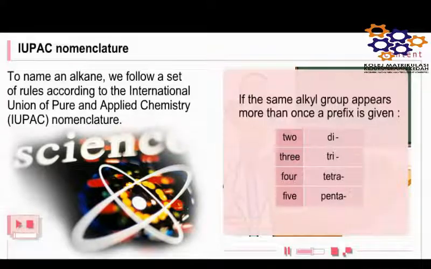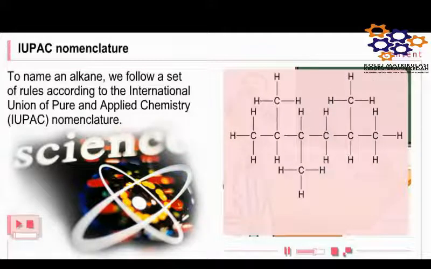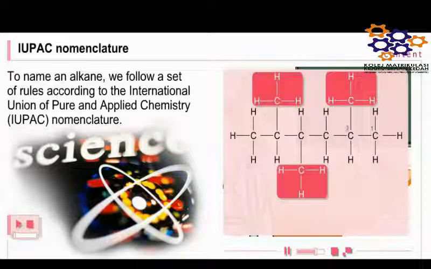Third rule: if the same substituent appears more than once, we must prefix the alkyl group name and give the positions of each alkyl group on the longest straight chain, keeping the numbers as small as possible. Consider the example of an isomer of nonane. There are 3 methyl substituents in the molecule.